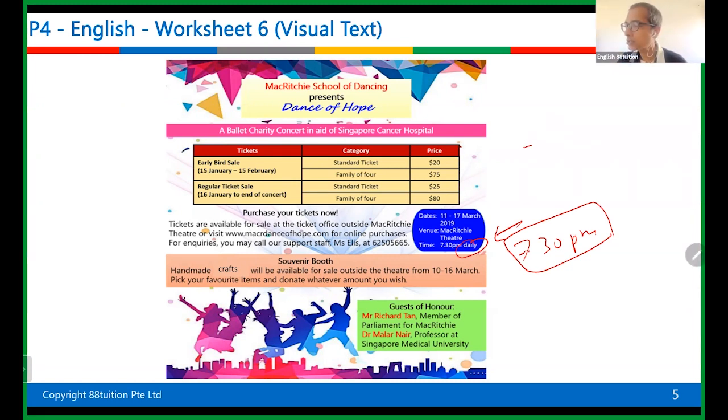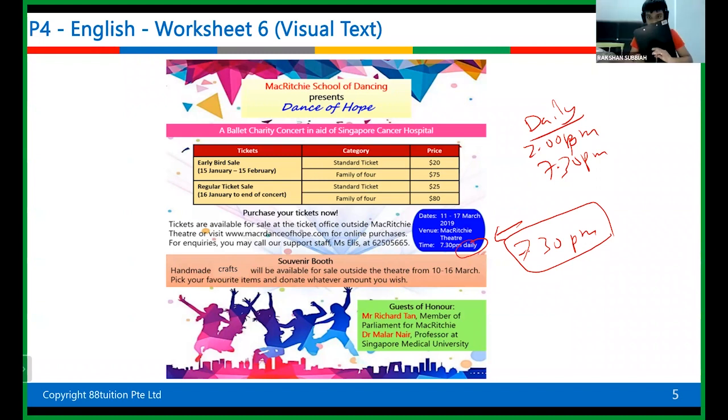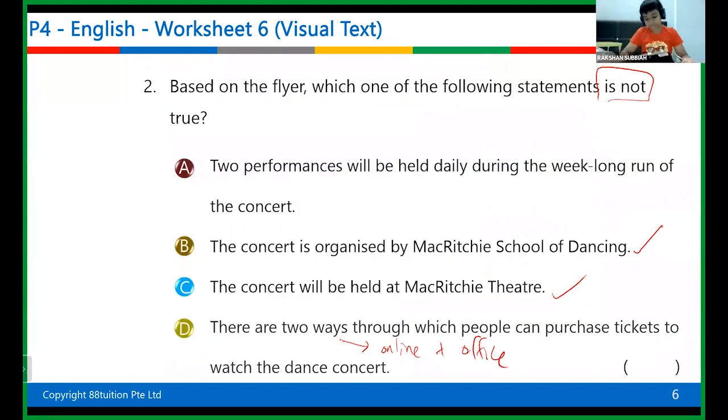They will say 2 p.m. and 7:30 p.m. daily. You'll say it like that. That means two performances. But it's only one. Anyhow, the rest of it is correct, which means this must be the not true one.